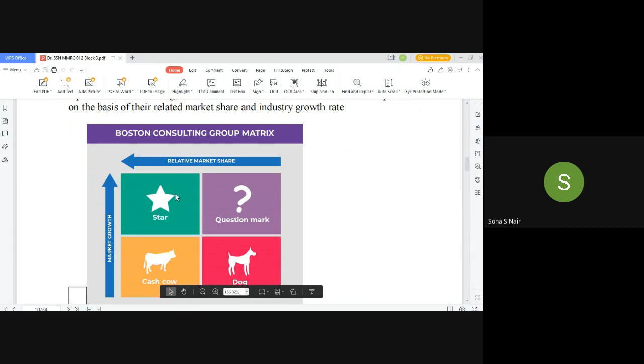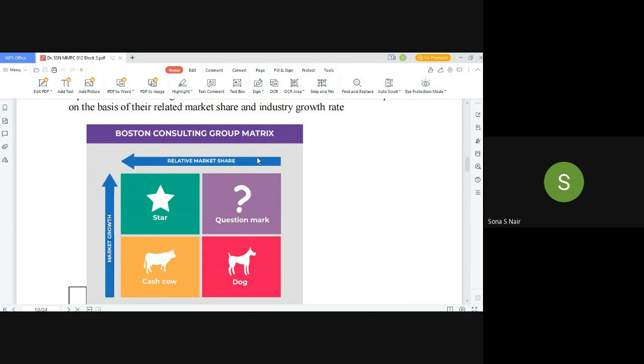A matrix between these two helps us understand where our SBU is. Is it a question mark? Is it a star? Is it a cash cow or a dog? You'll have to do a little extra reading to understand all these tools of corporate analysis. But in brief, we are discussing here the Boston Consulting Group, or the BCG matrix.